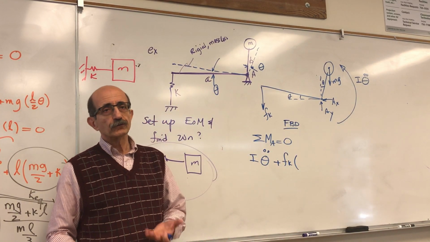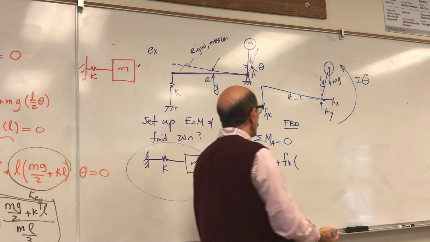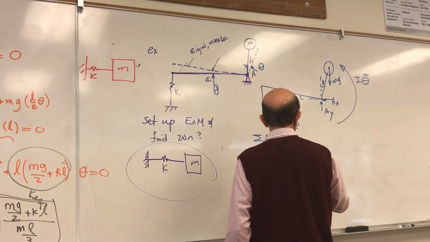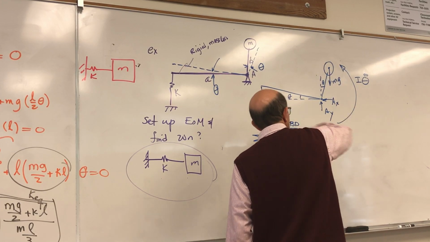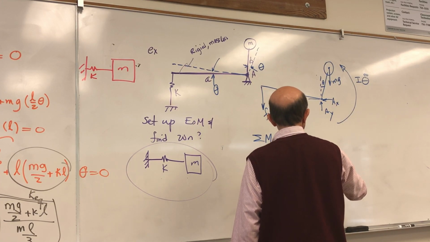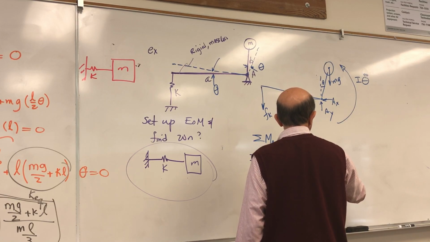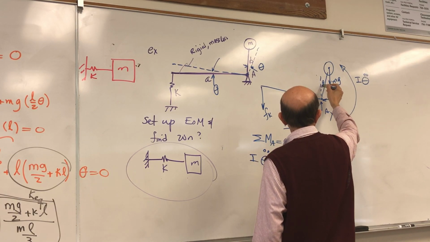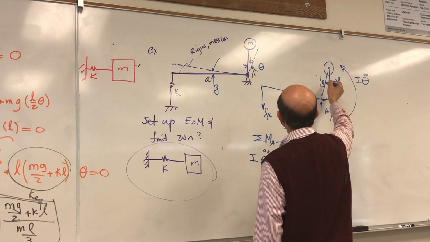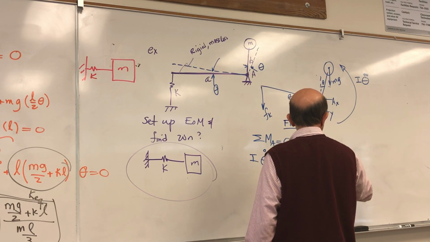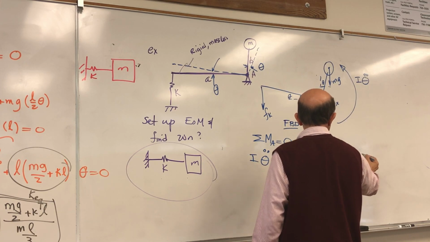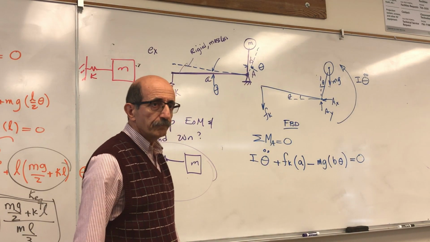Again, theta is small, so cosine theta is 1, so it would be just A, okay? What else? Mg would be the opposite direction, and the moment arm is this, which is B, so it would be B theta, is equal to 0, okay?